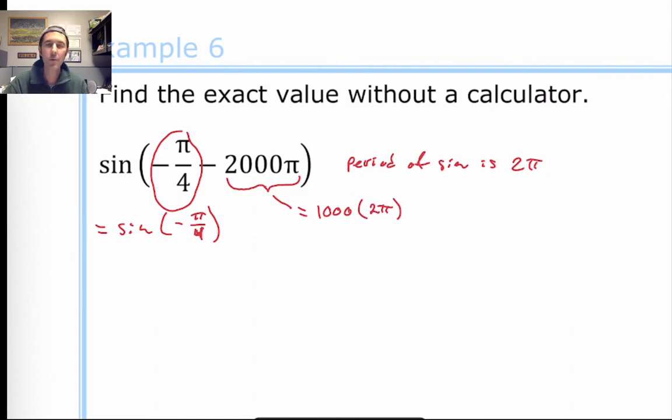It's 1,000 full rotations in the negative direction. I don't really care that it's in the negative direction. If I spin around in my chair to the left, or if I spin around in my chair to the right, as long as I go all the way around, I'm going to end up here with you again, right? I do that 1,000 times.